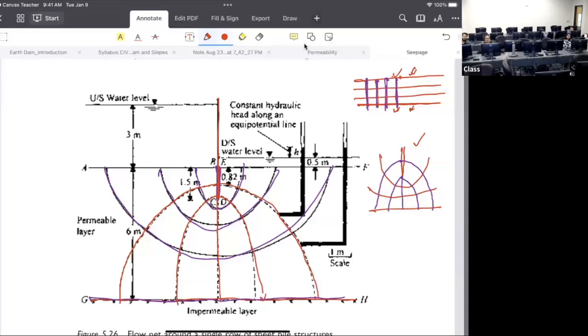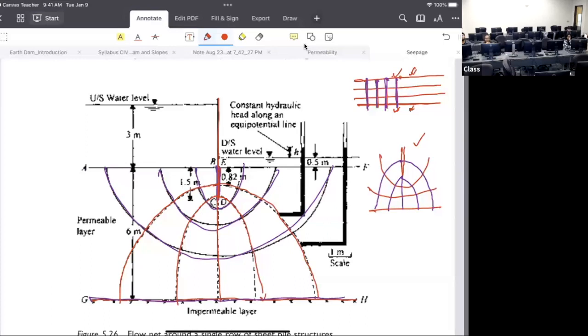How many potential drops are we considering here? It depends. So what is our first drop? How many drops here? 1, 2, 3, 4, 5, 6. 6 drops. 6 drops equal to 2.5. So per drop will be 2.5 divided by 6, the number of drops, right?